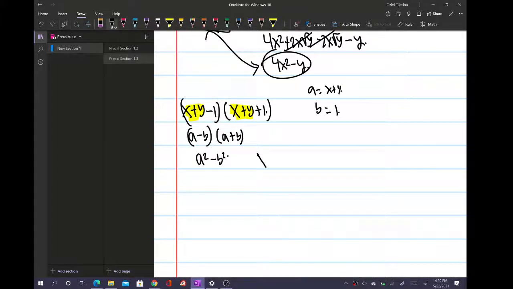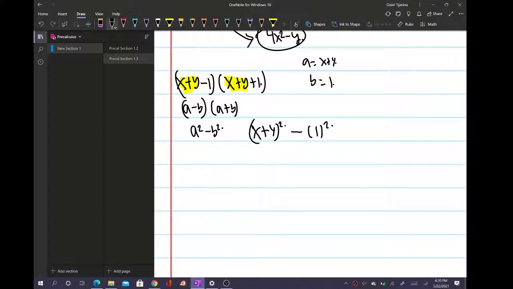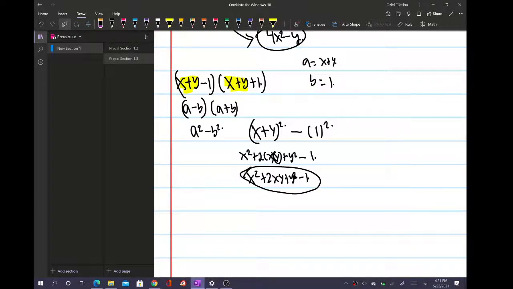They said x plus y quantity squared minus 1 squared, right? And then they said, okay, this is really just x squared plus 2 times x times y plus y squared minus 1. So then they said x squared plus 2xy plus y squared minus 1. But again, that's how they did it.